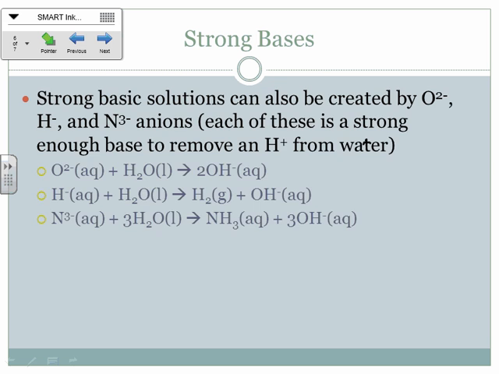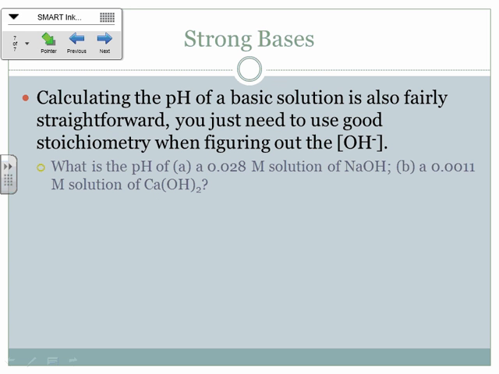Okay. All right. Calculating the pH of a basic solution is easy. You just need to be careful, because it's not always a one-to-one stoichiometry with the bases, since we've got some alkaline earth metals in there as well. Okay, so pH of a 0.028 molar solution of NaOH. Well, what would be our strategy on this one?